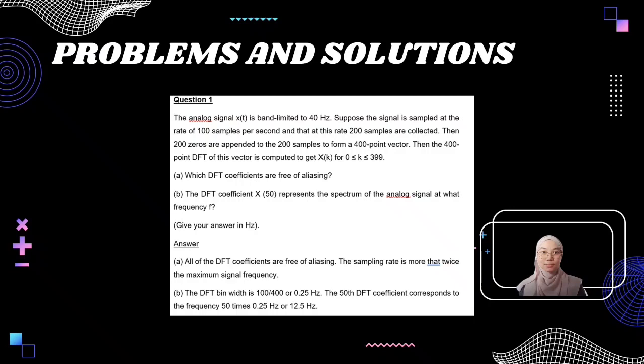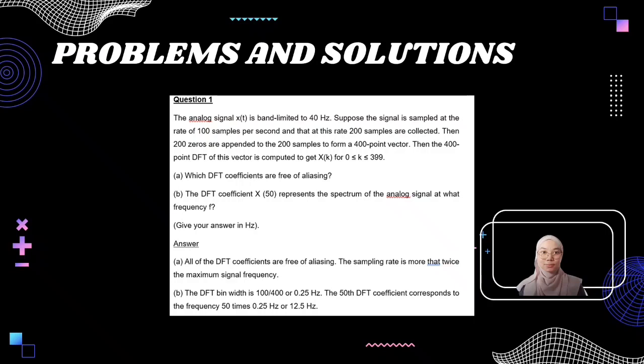Then 200 zeros are appended to the 200 samples to form a 400-point vector. Then the 400-point DFT of this vector is computed to get Xk for k greater than 0 and less than 399. The question asks which DFT coefficients are free of aliasing.